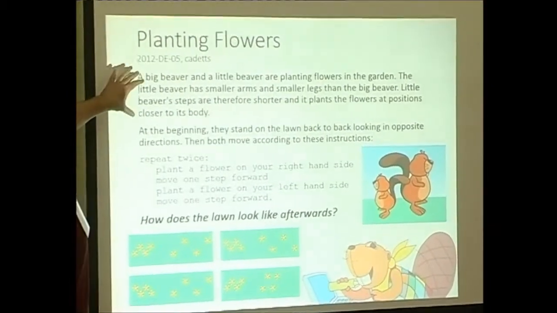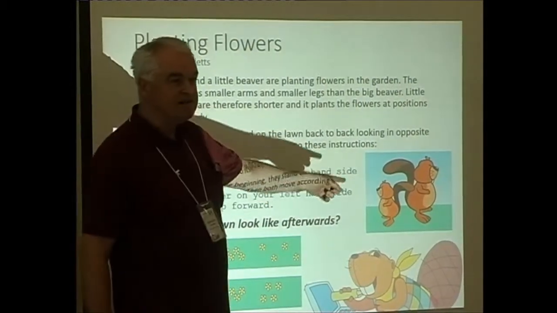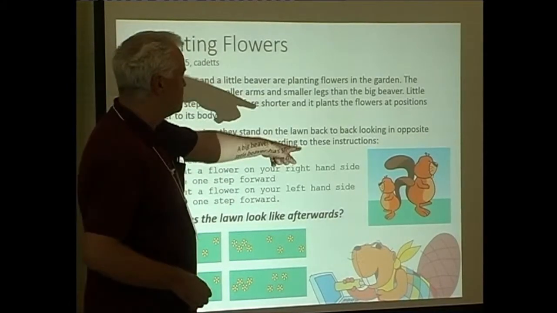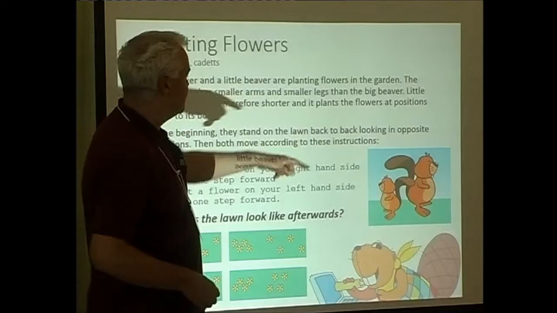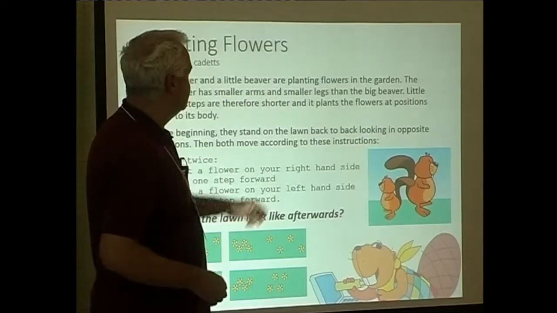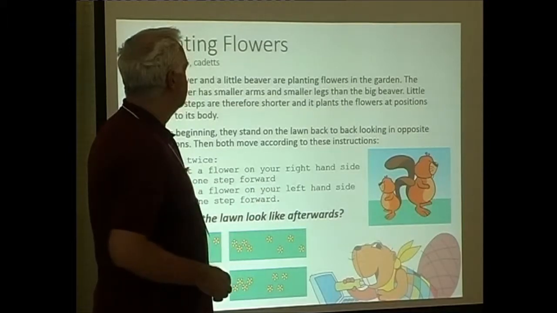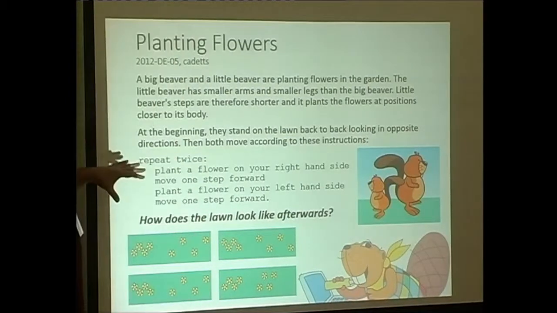And you see there's a story at the beginning. We have a big beaver and a small beaver, and they're standing back to back, and they follow the same procedure. The procedure is written in some kind of pseudocode. This should be understandable for everybody, I hope so. We had no problem with this task.